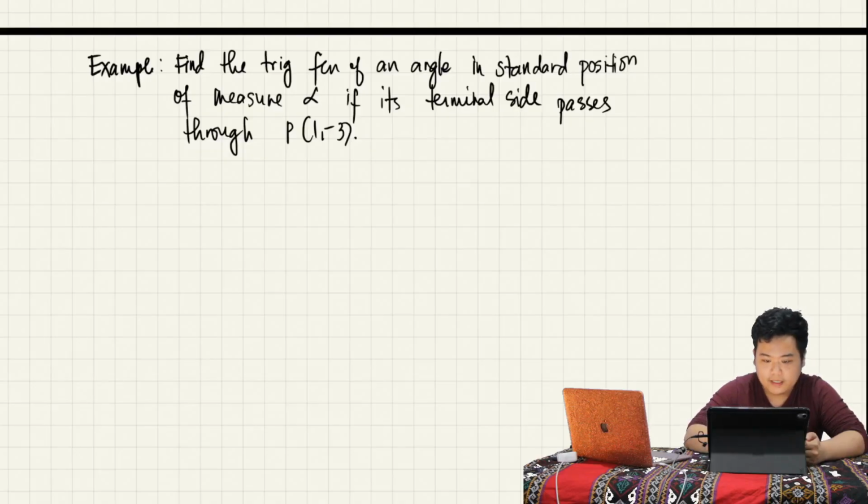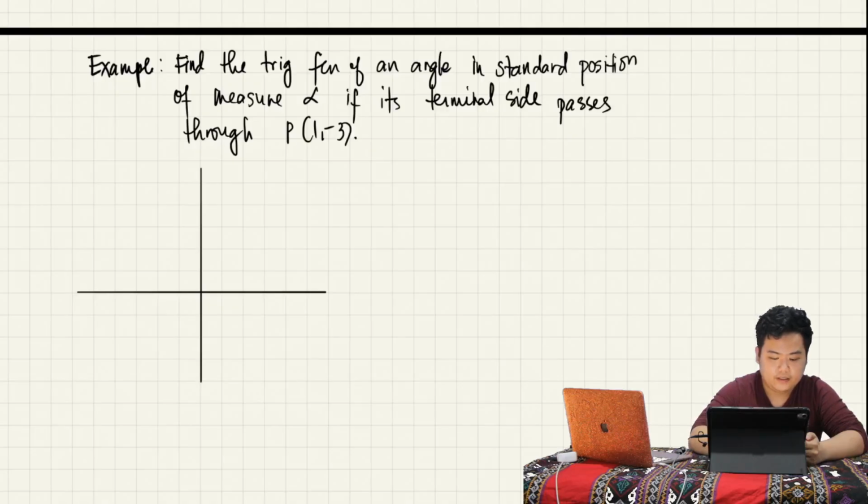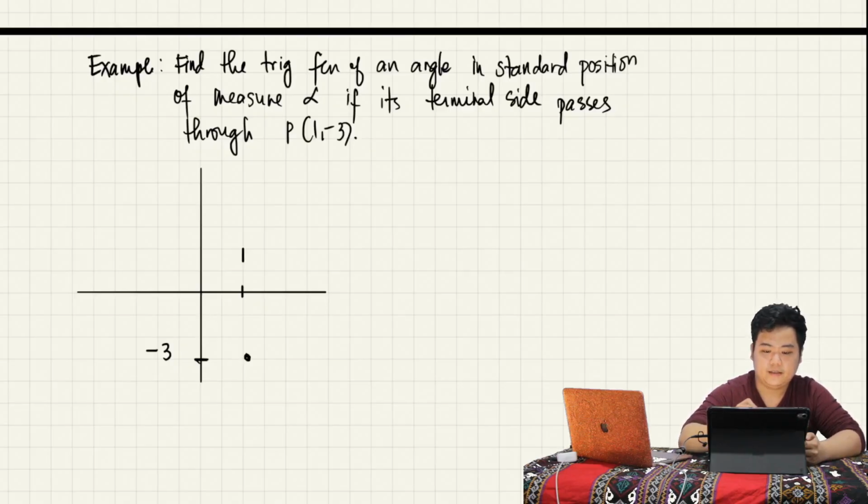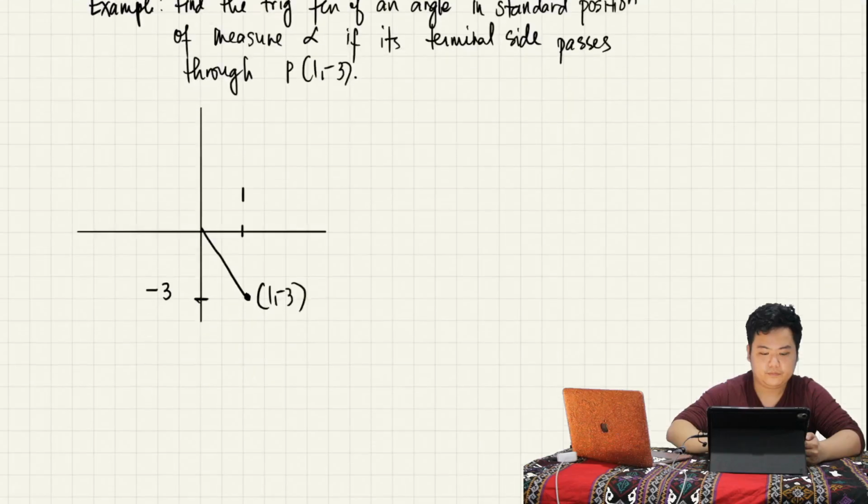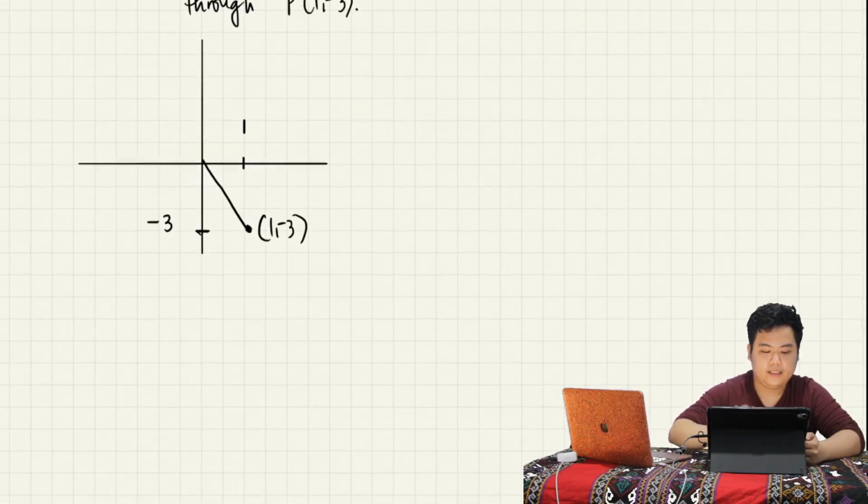So, to see the problem, let us draw. We have (1, -3). Let's say this is 1. This is negative 3. So, this is our terminal side. And where is alpha?